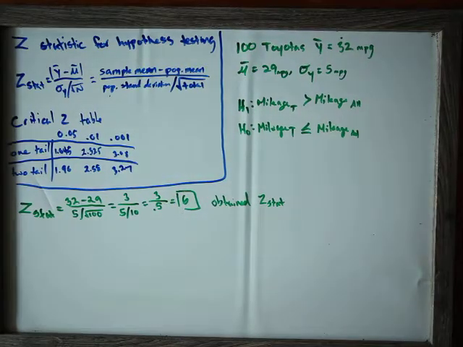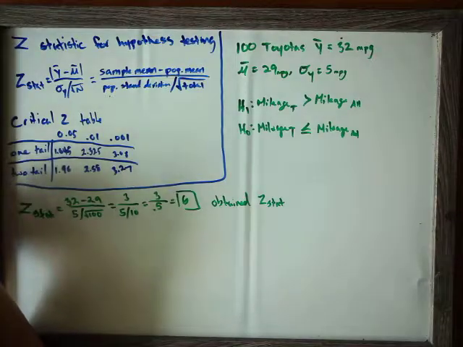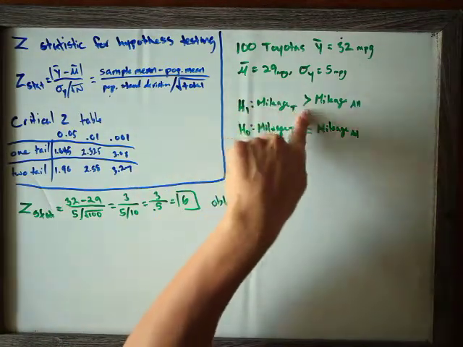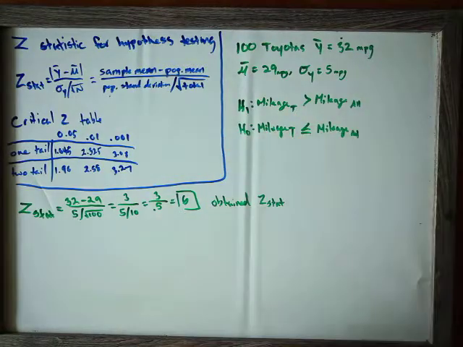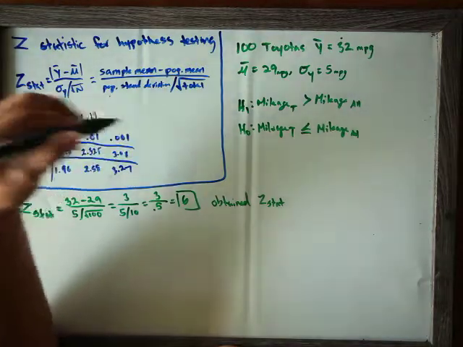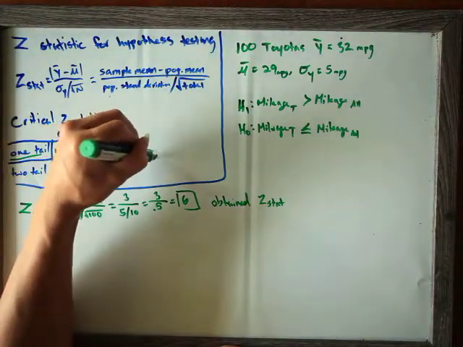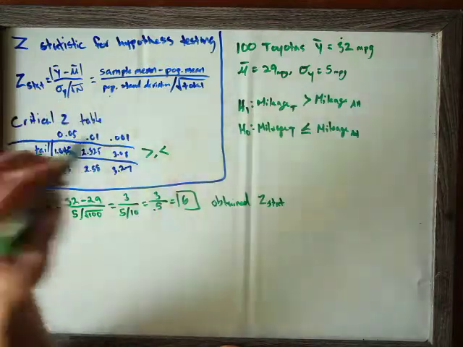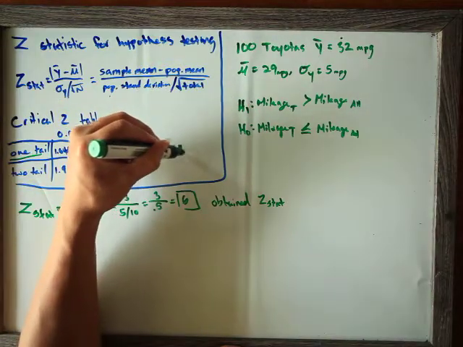Now, what we do with the obtained z-statistic is compare it to a critical z. So we have to determine if we have a one-tailed test or a two-tailed test. In our example, we used a greater than sign in our research hypothesis, so we have a one-tailed test. One-tailed tests have a greater than sign or a less than sign in their research hypothesis.